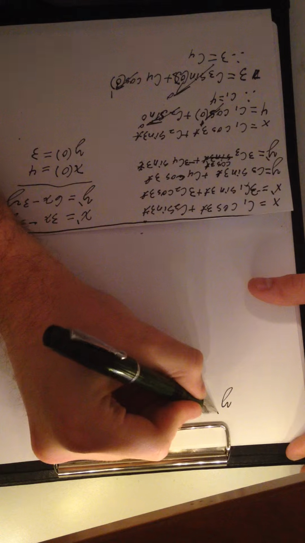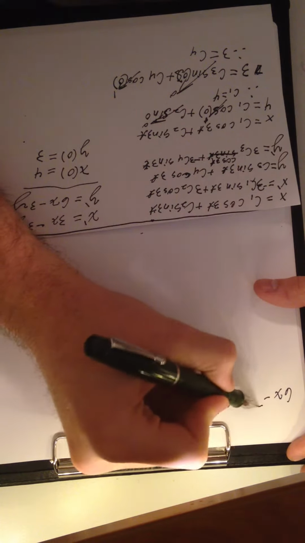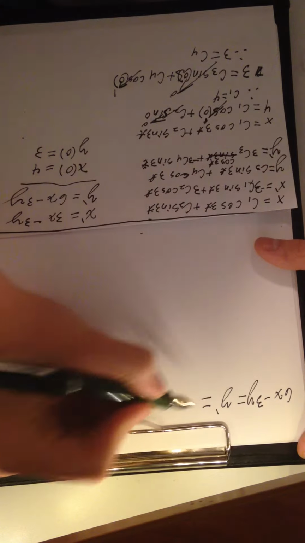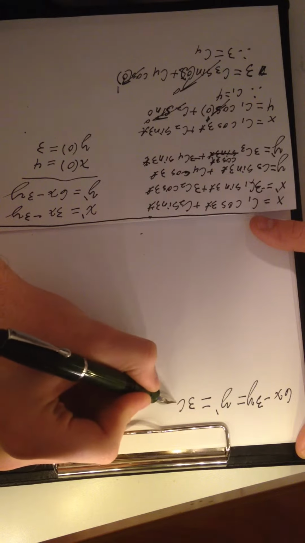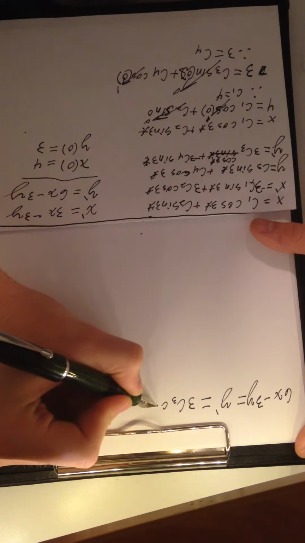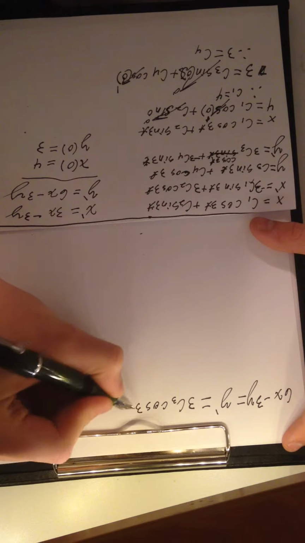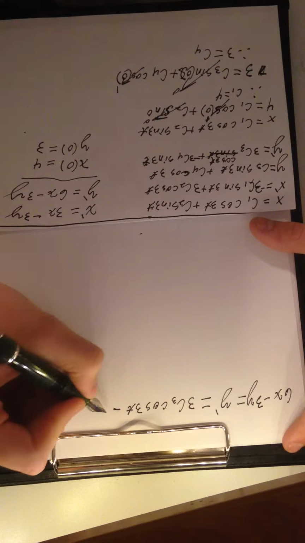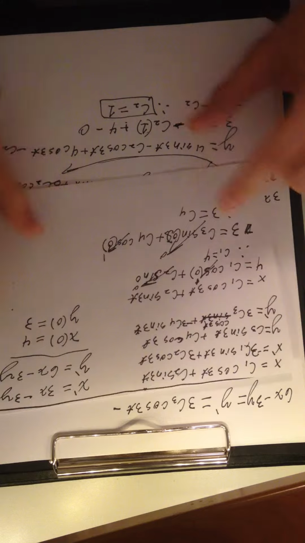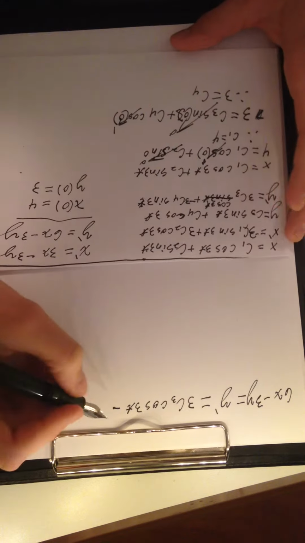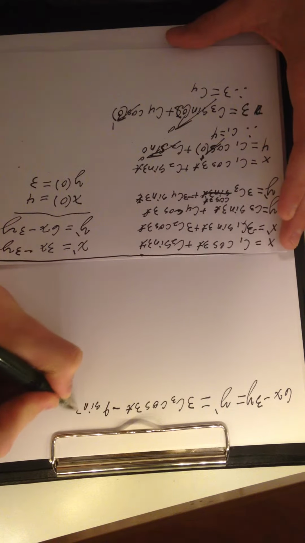So we'll say y prime is equal to 6x minus 3y, which is also equal to 3 times c3, we don't know what that is yet, cosine of 3t minus, we know what our c4 value is. Our c4 is equal to 3. Therefore, it'll be negative 9 sine of 3t.